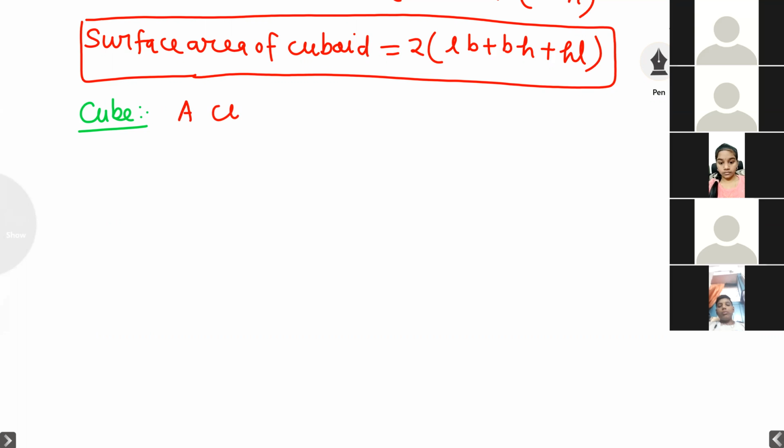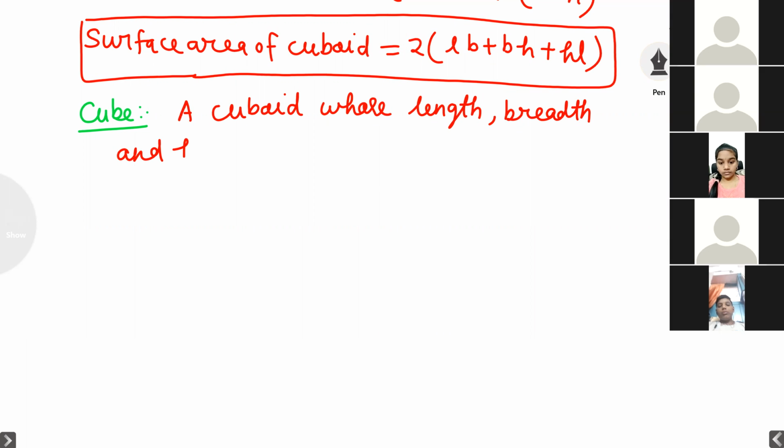A cuboid whose length, breadth and height are equal is called a cube.